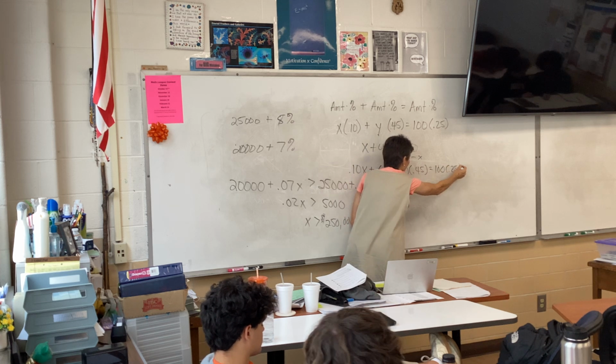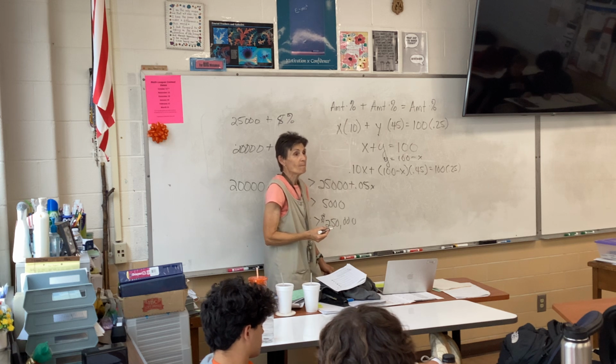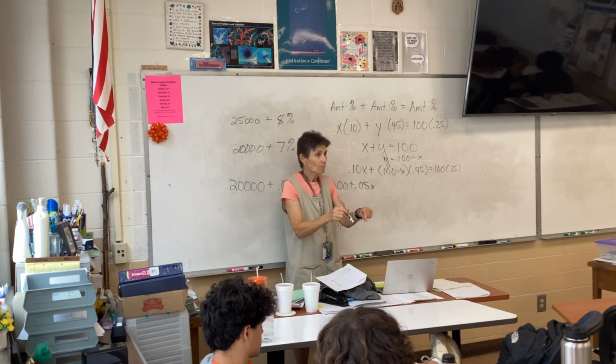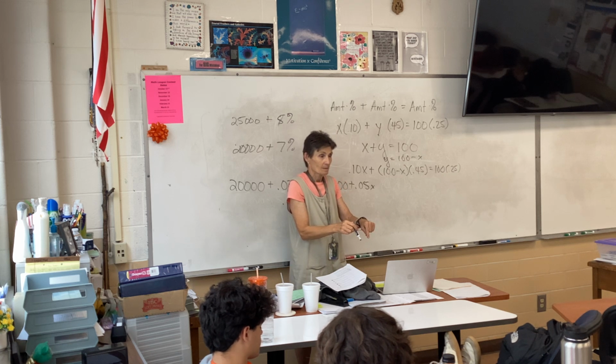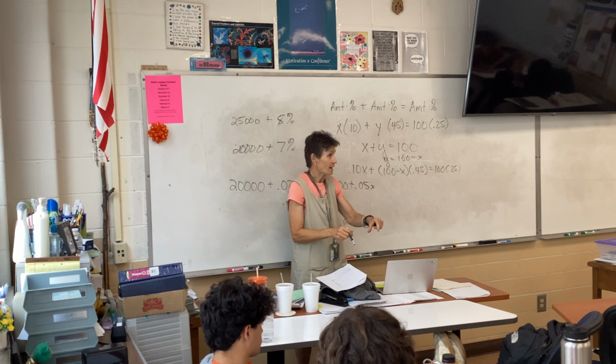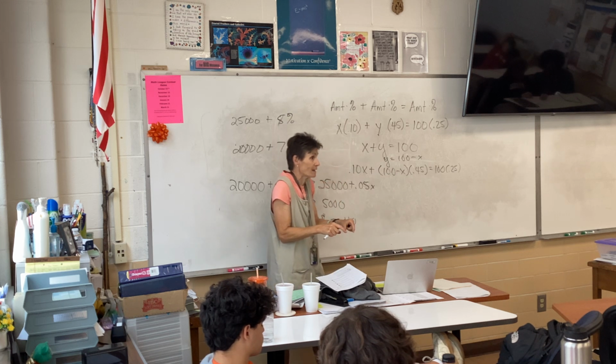And now I have an equation that I can solve. Remember, if you're going to end up with 100 gallons, and you dump in X, then the other part you dump in has to be what's left, 100 minus X.